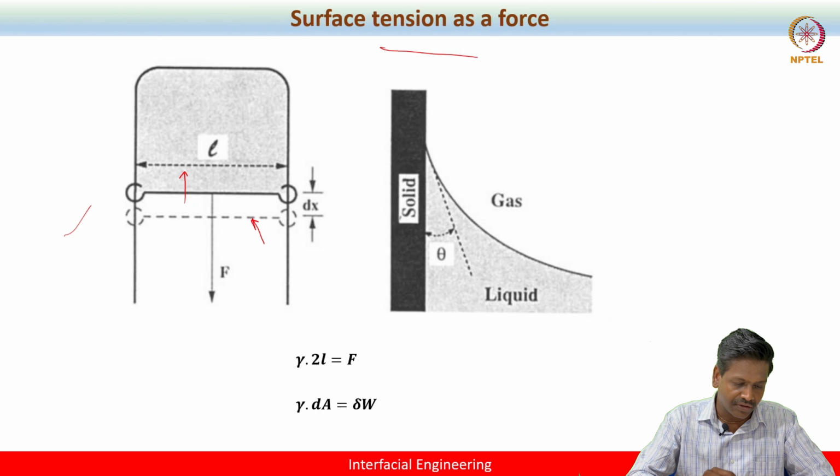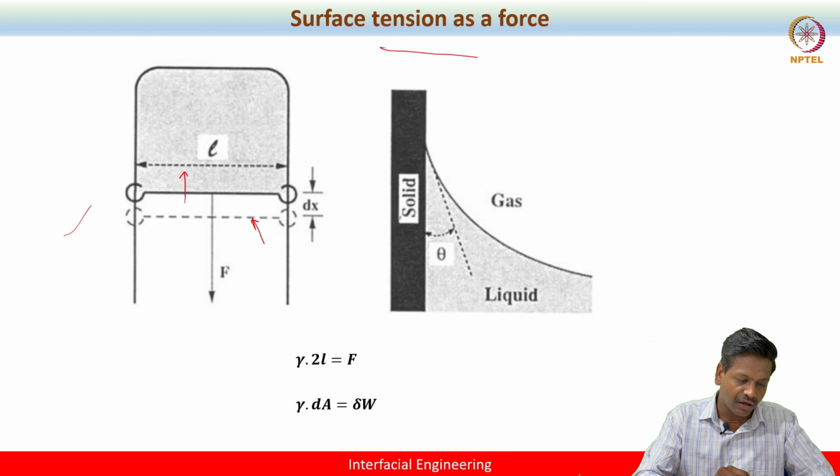As a result, this wire would have made some displacement, which we can call delta x. Because the surface tension acts downward and pulls the liquid towards it, this thin wire will be made to move.